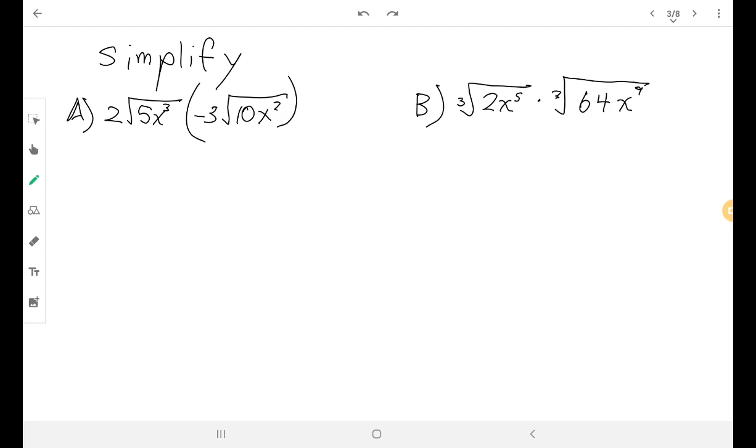So if I remember that it's all multiplication, then I can write that multiplication in any order that I want. So I could write this as 2 times -3 times the square root of 5x cubed times the square root of 10x squared.